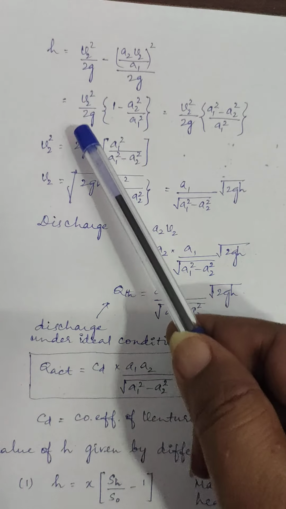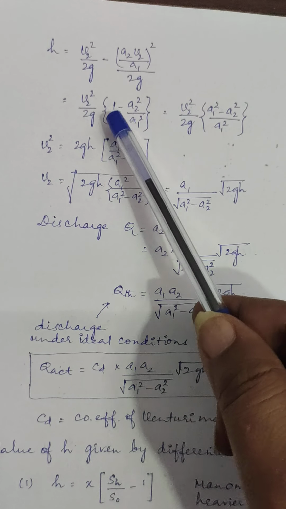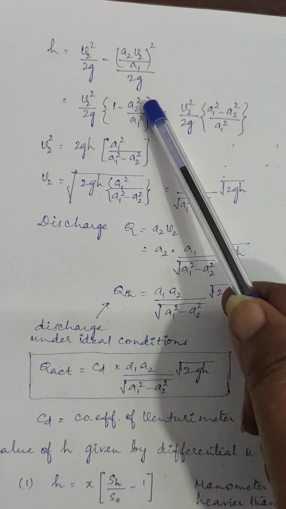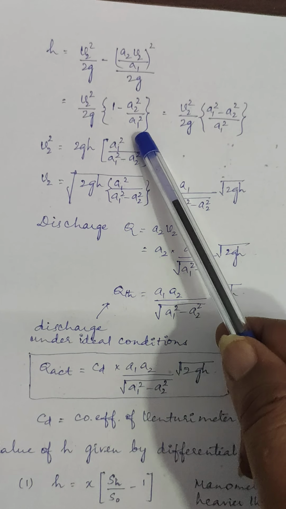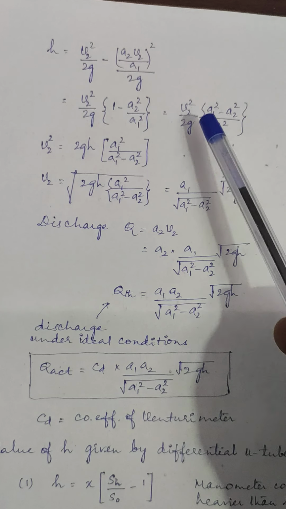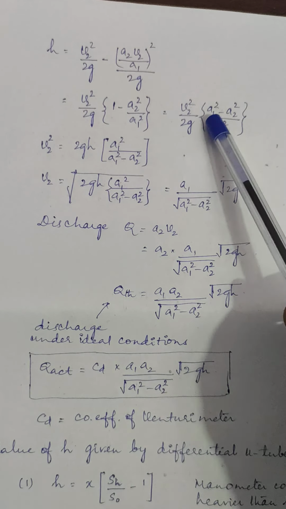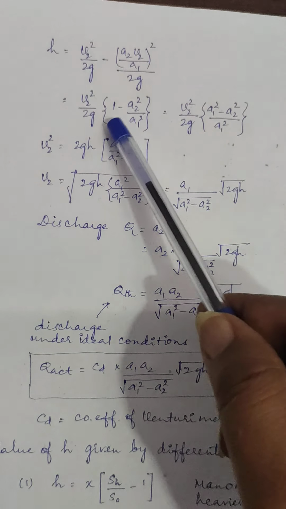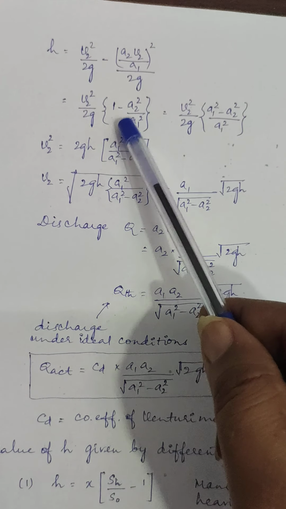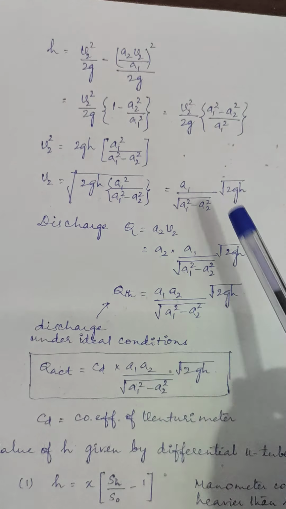Now V2 square by 2G is taken common, we have 1 minus A2 square by A1 square, which is equal to V2 square by 2G of A1 square minus A2 square by A1 square. That is, LCM is taken for these two quantities.